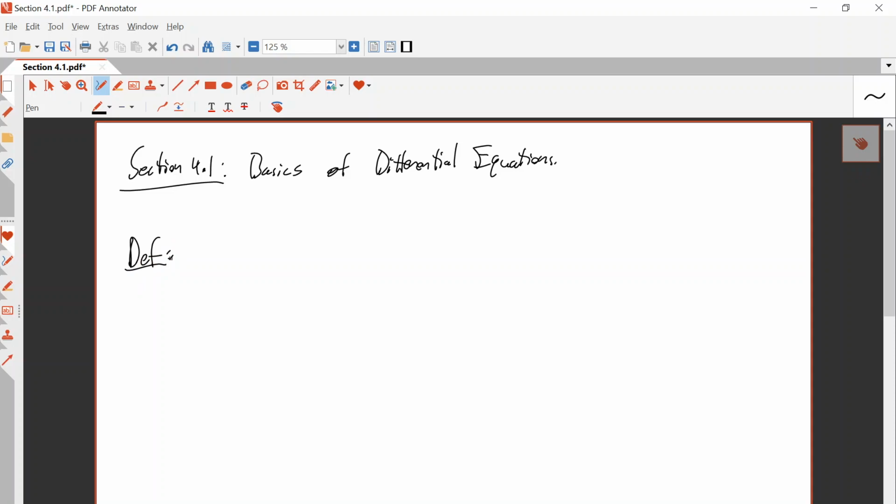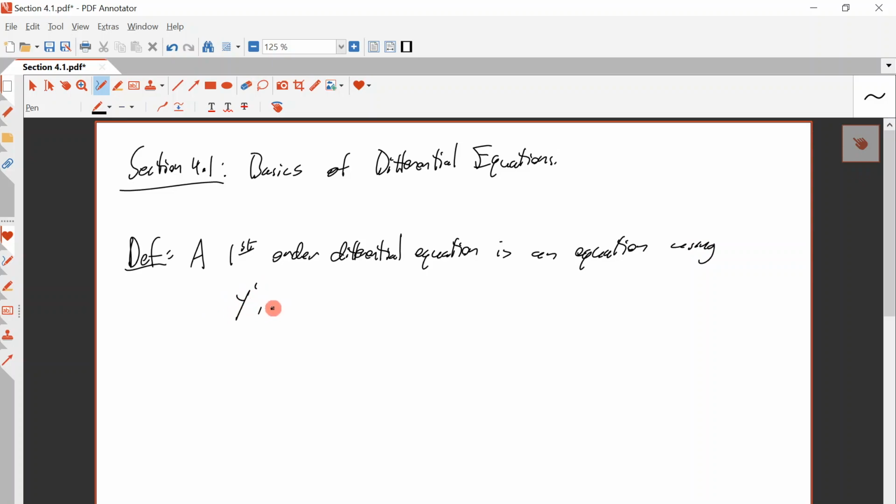A first order differential equation is an equation using y prime, y, and x, where y is a function of x.